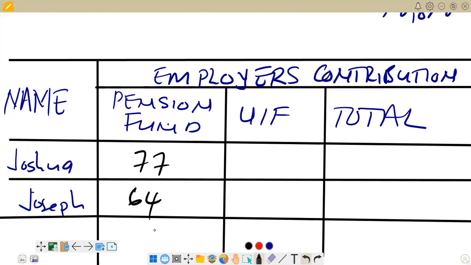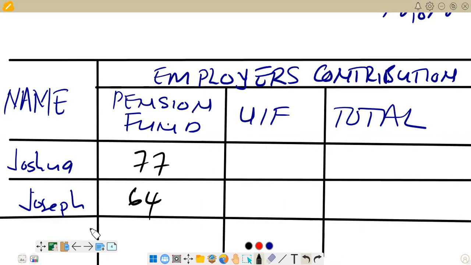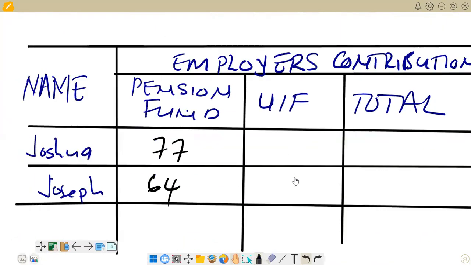And for UIF, we go back there to see what is the instruction: 1% of normal wage, which is the same as UIF for the employee. So it means the amount that we are having here is the same amount that we are putting here. So we're just going to pick the amounts that we calculated in the wage journal, and put them there, Joshua and Joseph.